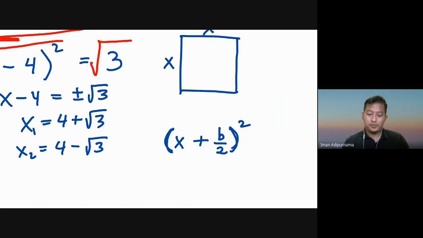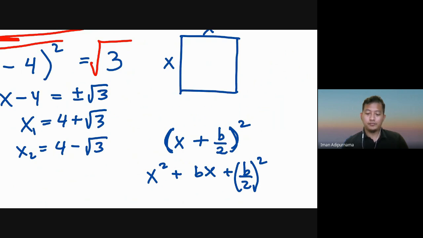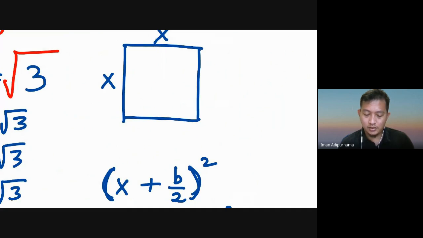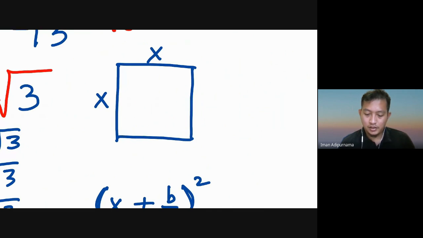Because when you are squaring this, you will get x squared plus bx, because it's 2 multiplied by b over 2, so bx, plus b over 2 and then squared. Okay. So if you are having the square like this, imagine you have the other section here, it's b over 2, then this is b over 2, like in the square.